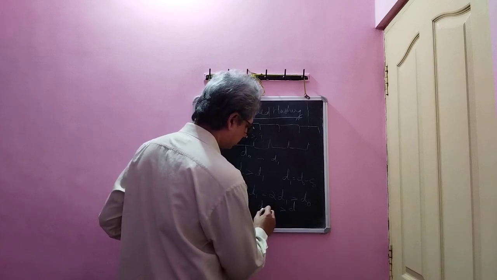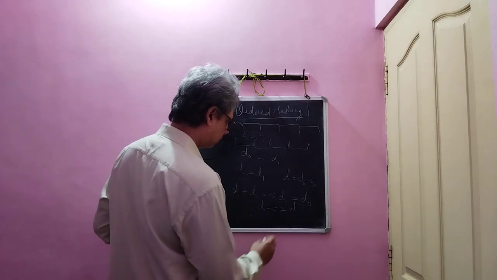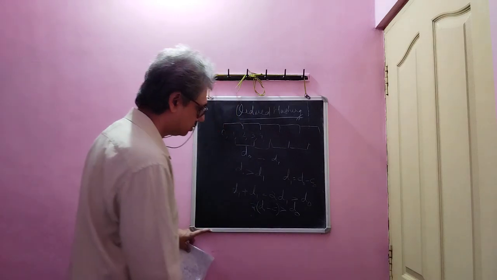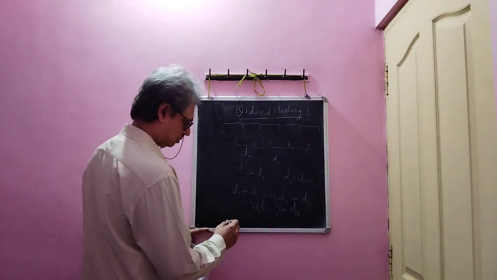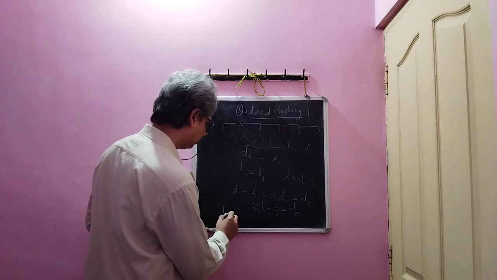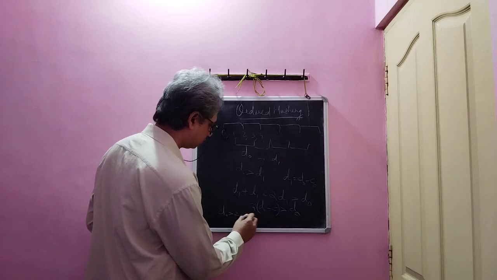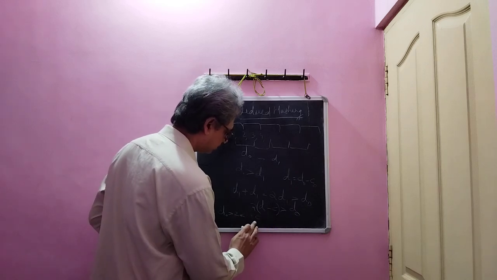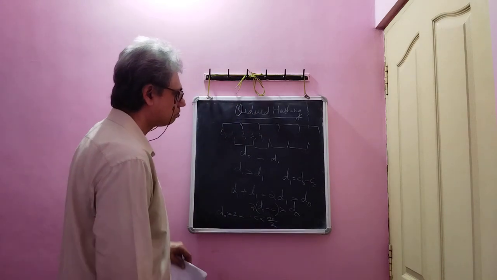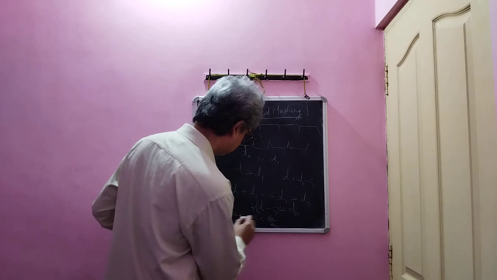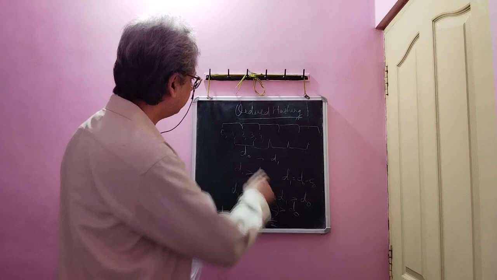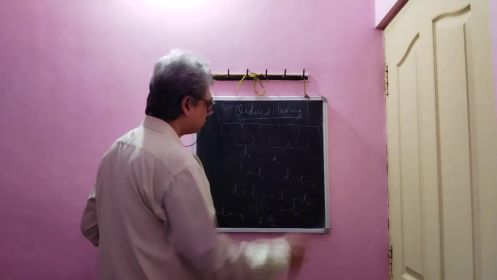That is, 2 times (D0 minus C0) must be greater than D0, or D0 is greater than 2C0. So C0 must be less than D0 by 2, if we divide it only into two, alternate or even.